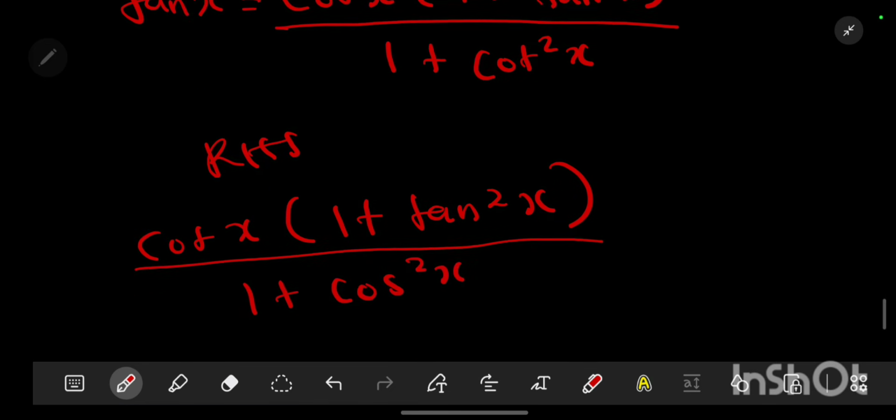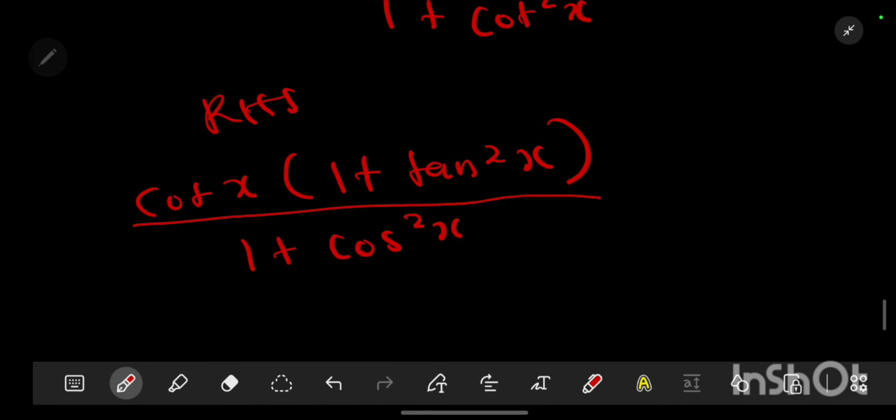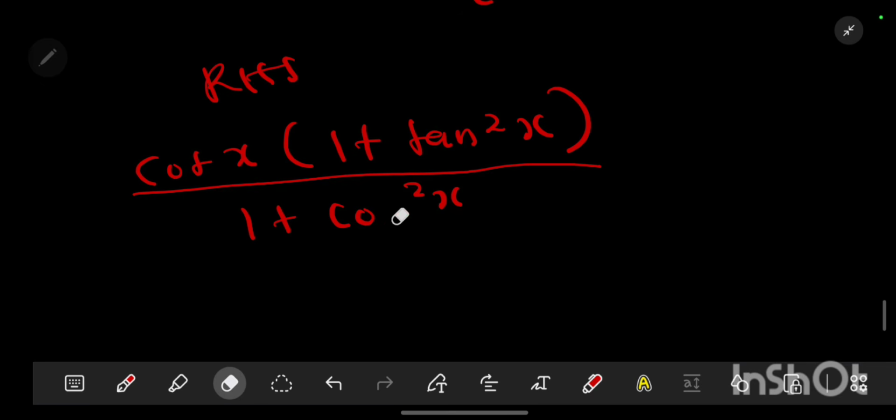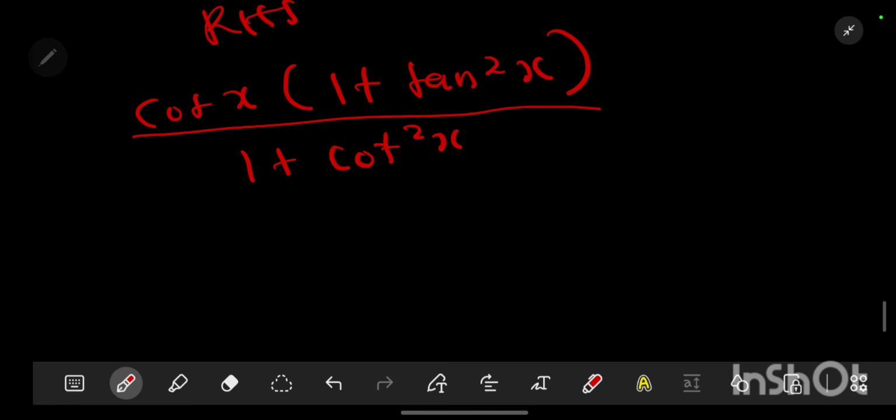Did we write cos here? It's cot squared x. Whenever you look at something like this, identify your identities.